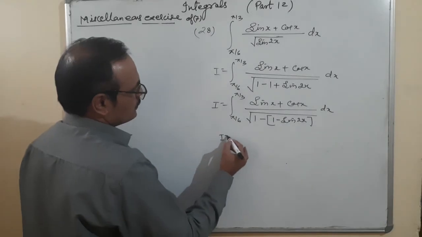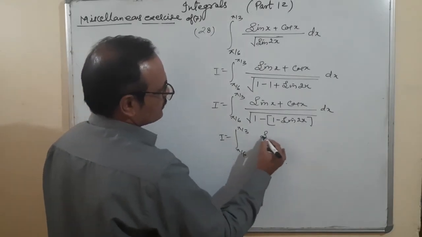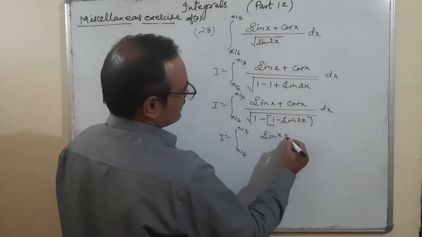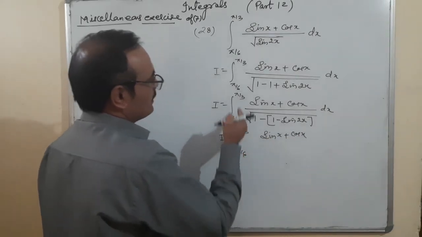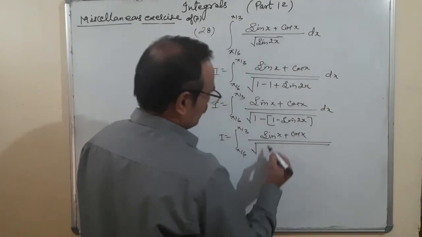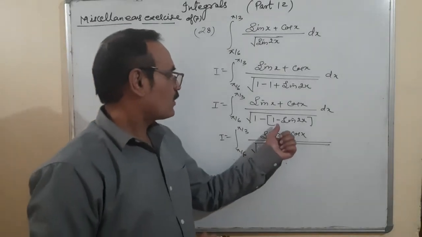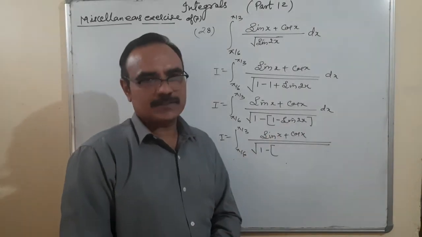I is equal to the integral from pi by 6 to pi by 3 of sin x plus cos x upon under root 1 minus sin 2x.